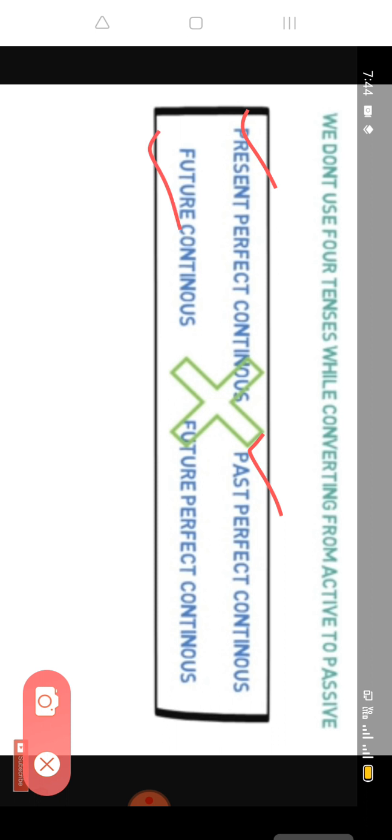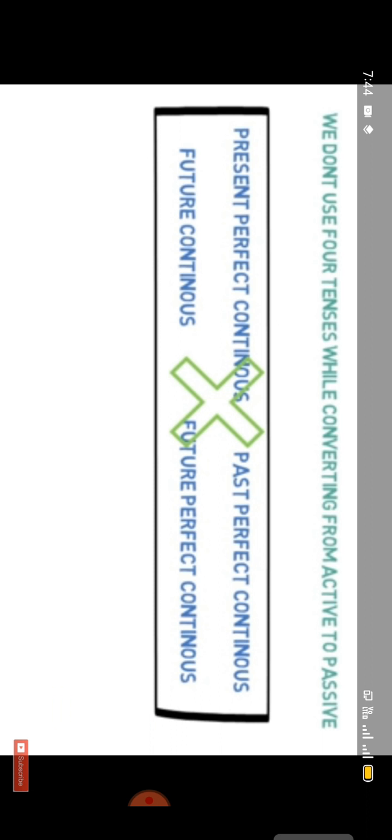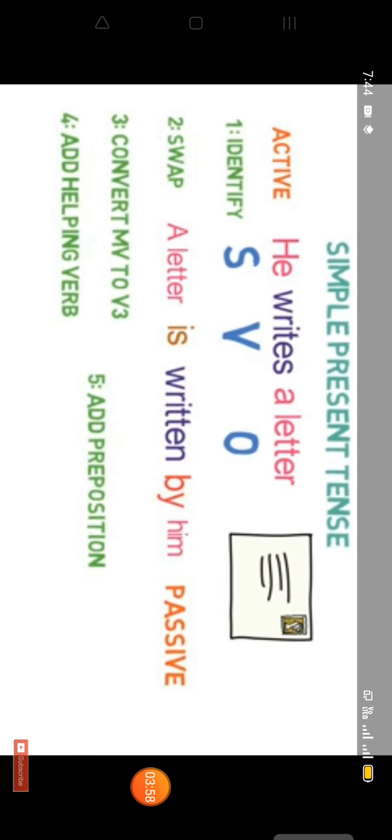In the same way, future continuous will also not be changed, and future perfect continuous also has no change. There is no change in four kinds of tense, and these are present perfect continuous, past perfect continuous, future perfect continuous, and future continuous. Now we'll take one example of each tense, and in this way we learn to change the tenses.